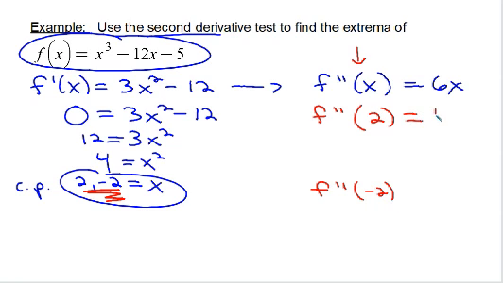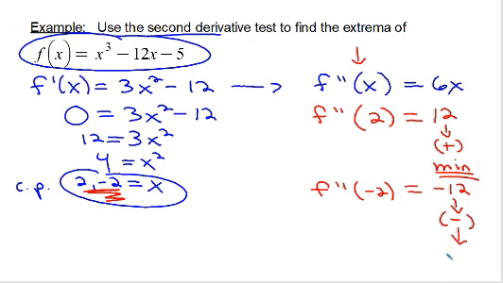Obviously, when it's 2, it's going to be 12. When it's negative 2, it's going to be negative 12. The fact that this is a positive value tells me that it is a minimum. Remember, think opposite. The fact that this is a negative value automatically tells me it's a maximum.